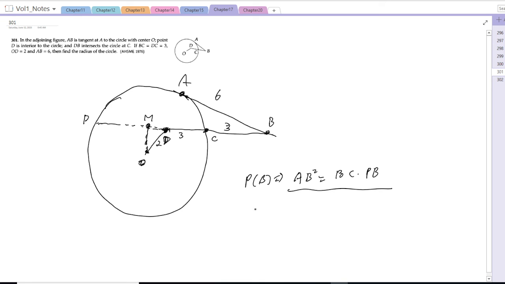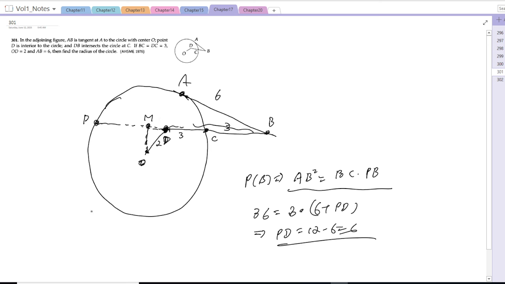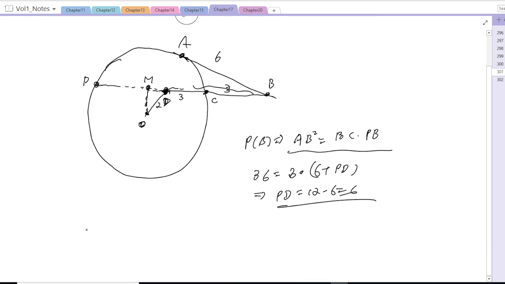So we know 36 is equal to 3 times, this part is 6, right? 6 plus the PD. So we can solve PD is equal to 12 minus 6 is 6. So we know PD is 6, right? So we know the chord PC is 9.